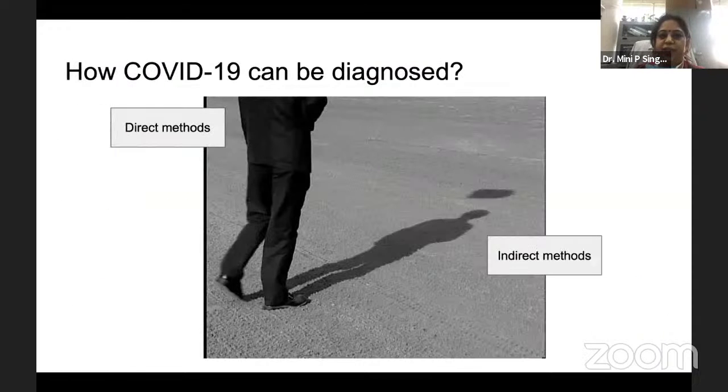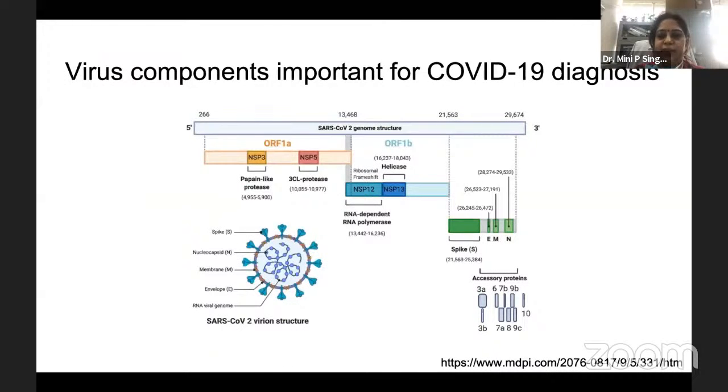The various tests can be divided into direct tests or indirect tests. By direct tests, I mean the tests which directly target the viral genes. Okay, so just having a brief look at the structure of the SARS coronavirus 2.